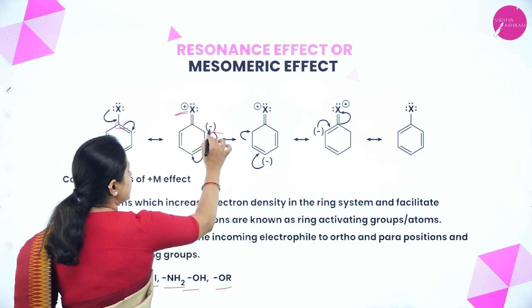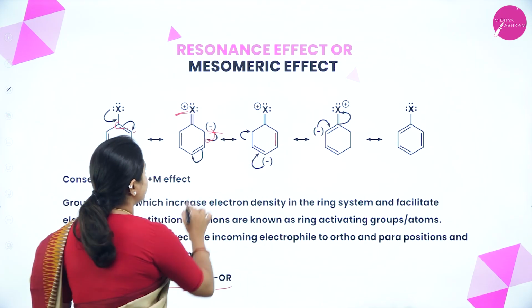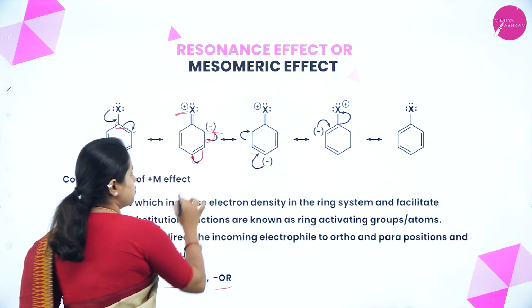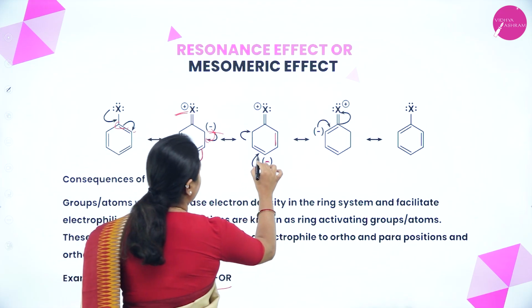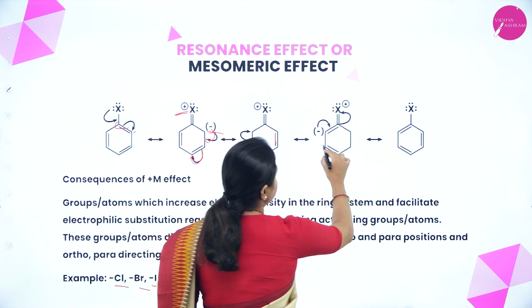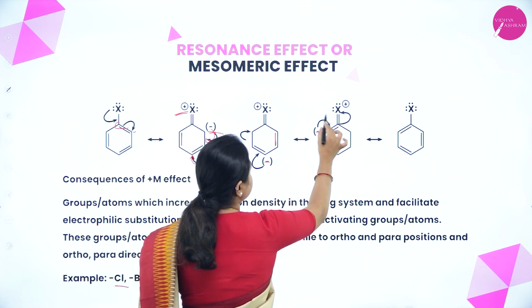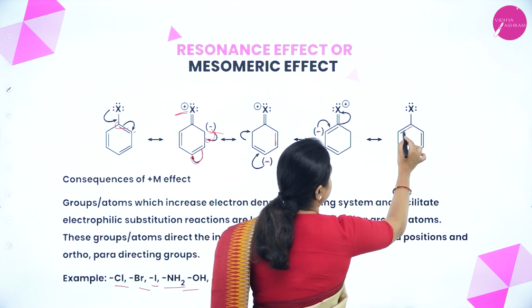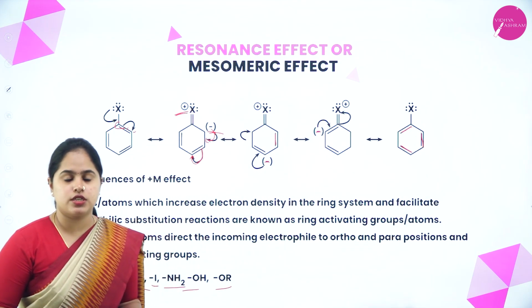When this negative charge comes to this position, a double bond is shown here, and this double bond is shifted to this position, again a negative charge, in the para position. From here further the double bond is shifted here, so again the negative charge will be here, and the negative charge is further shifted here. You can see the double bond will be in these positions. So these are the resonance structures.